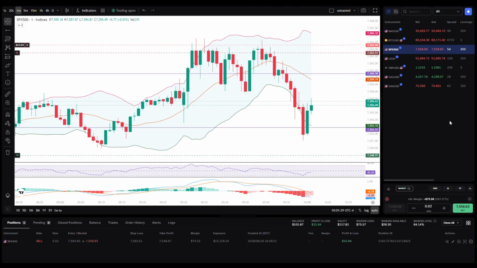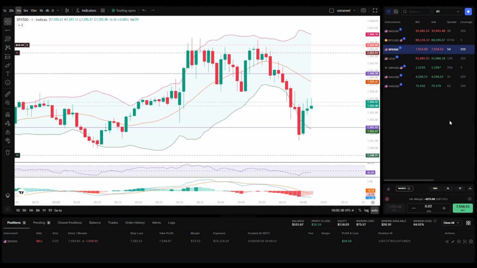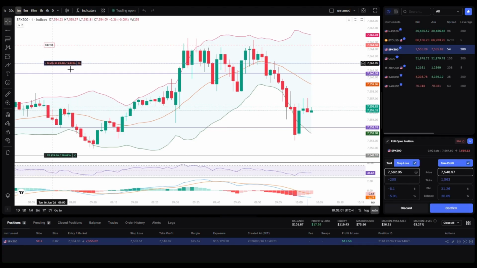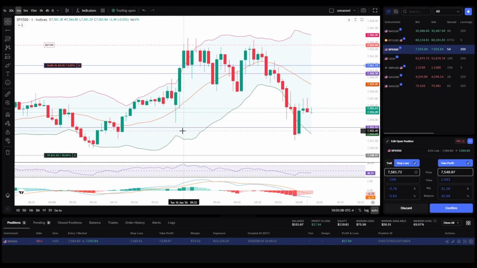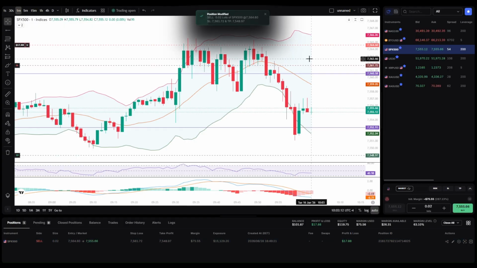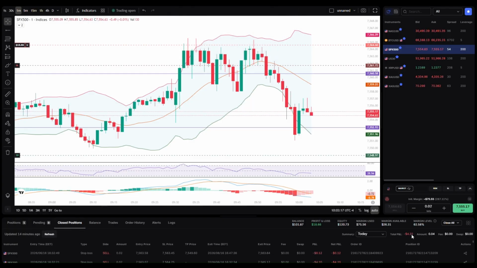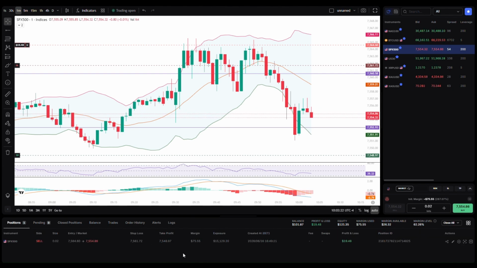If I close 0.01, that's about 7 points, $7. I'm moving my stop loss down. So if it does go back over here, at least it takes me out, and we would be green on the day by $1 or so. That's if it comes back up like that.